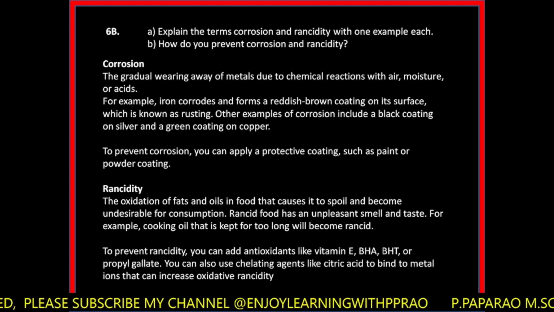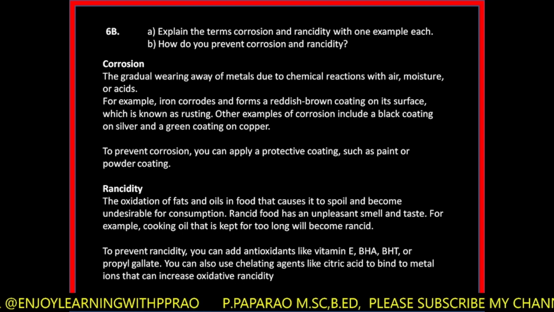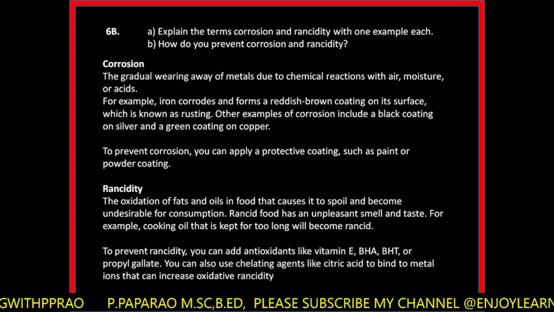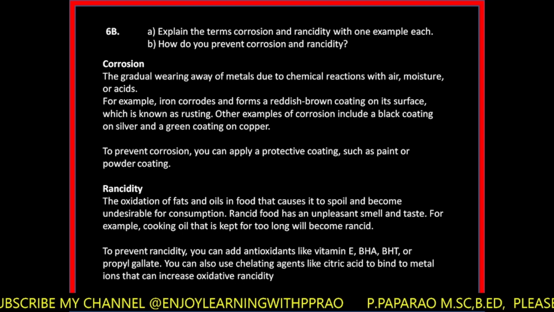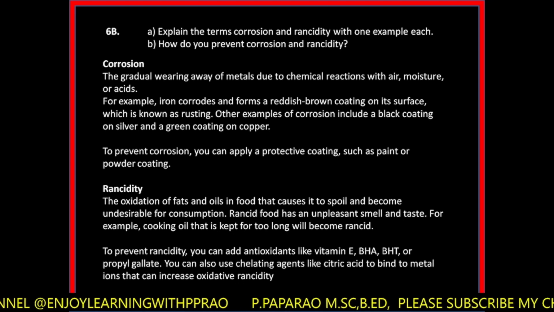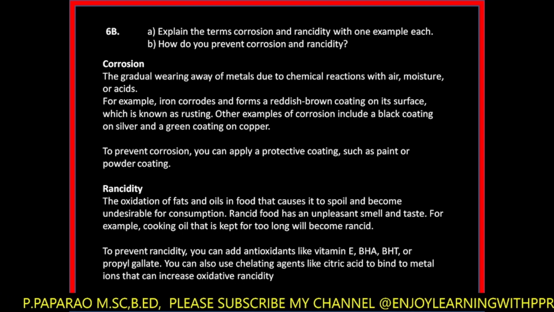Other examples of corrosion include a black coating on silver and a green coating on copper. To prevent corrosion, you can apply a protective coating such as a paint or a powder coating.